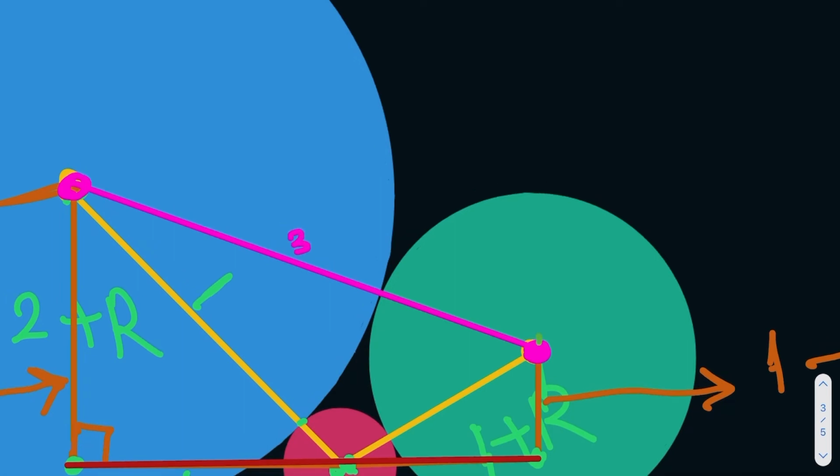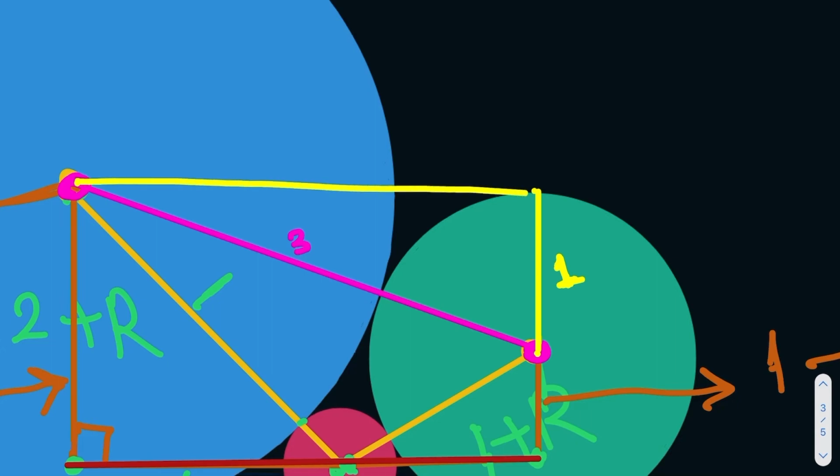So now I can see that I can draw another right triangle, and if I keep going until here, this will be the radius of this circle, which is still 1, and I can connect from this side to the center of the blue circle, and then I will notice that this will be a right triangle.